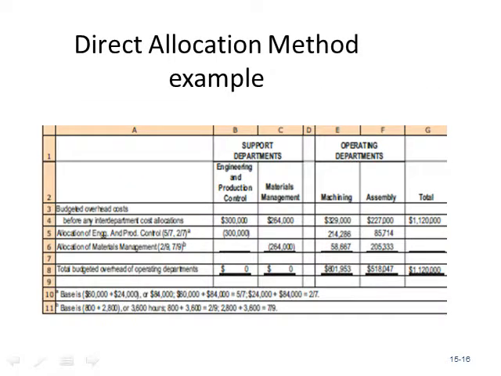And so based on this allocation methodology, we can see that if you look on row 8 for support departments, we've allocated out the totality of the engineering and production control and material management costs, because those are 0. And you can see how we've allocated each of those support departments into the machining and assembly departments.